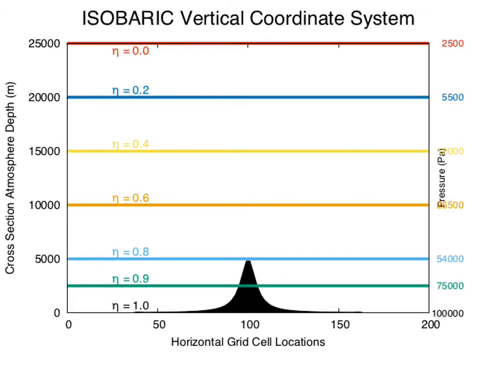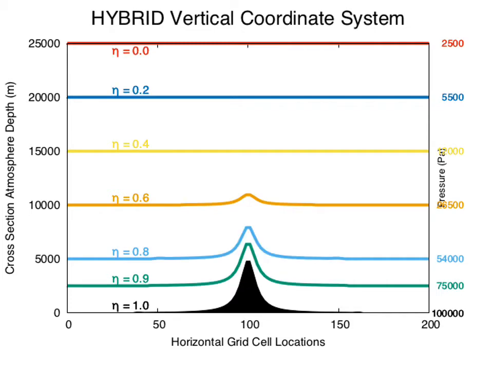The problem is that you run into the difficulty of the coordinate surface intersecting with the topography. The standard solution is to have a hybrid coordinate system where near the surface it is a terrain following vertical coordinate, but it quickly relaxes to an isobaric surface aloft. And then from that isobaric surface all the way up to the model lid, the coordinate surfaces are flat isobaric surfaces.